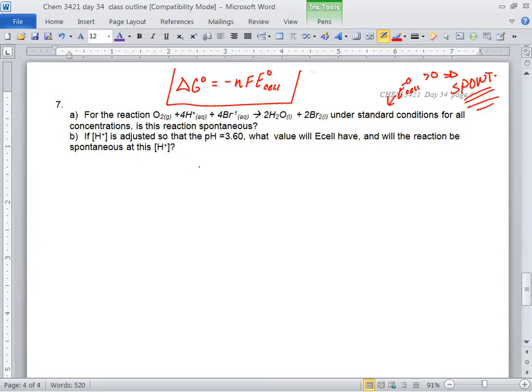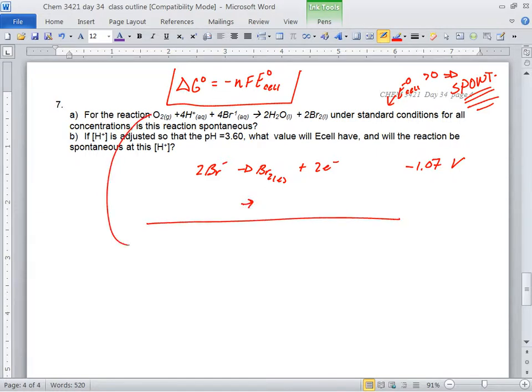So I'll have 2 Br minus goes to Br2 and 2 electrons. And since I flipped it, negative 1.07 volts. Okay. So because I have to add up these 2 half reactions to get that overall reaction, I need one more reaction so that when I add them up, I get this one.